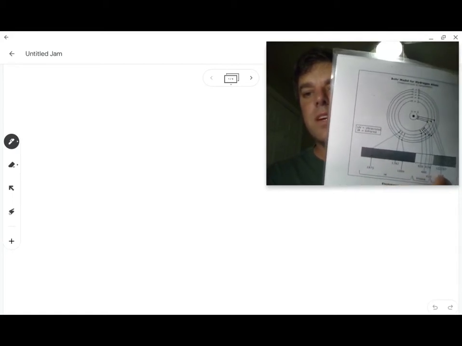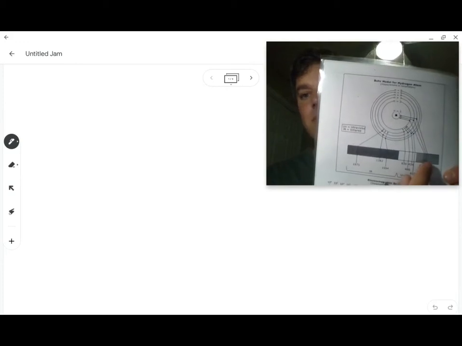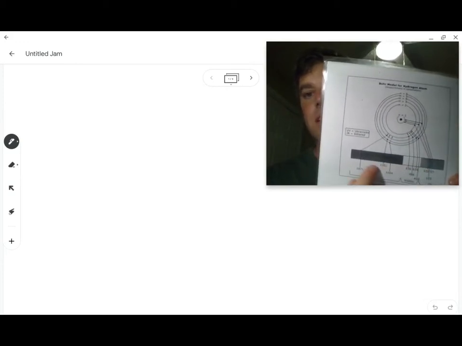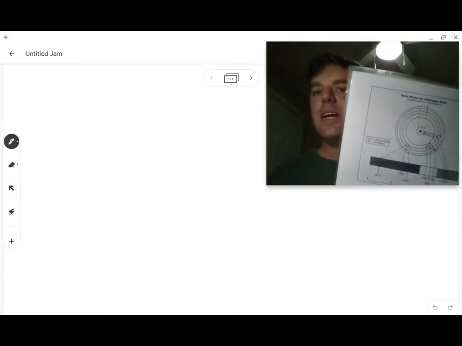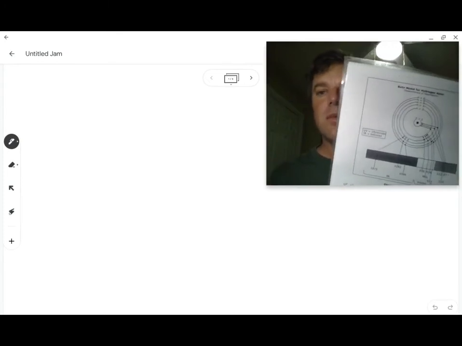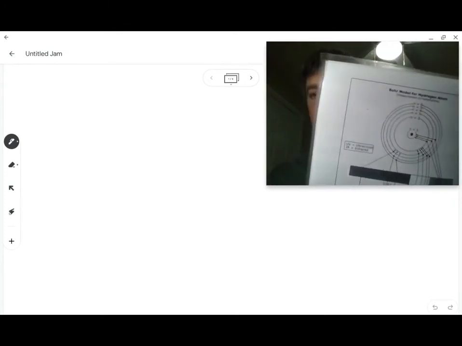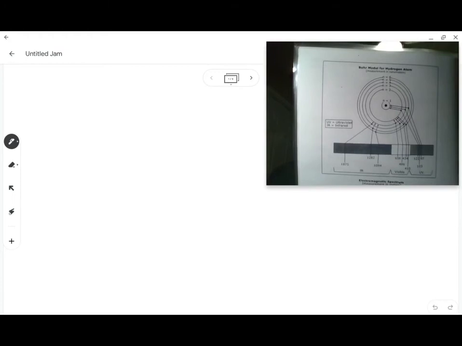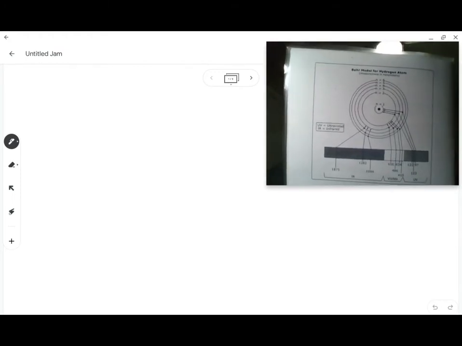And it emits very specific wavelengths. This is kind of like a little fingerprint for an element, and each element has its own unique combination. But you need to be able to interpret specifically what happens with hydrogen.